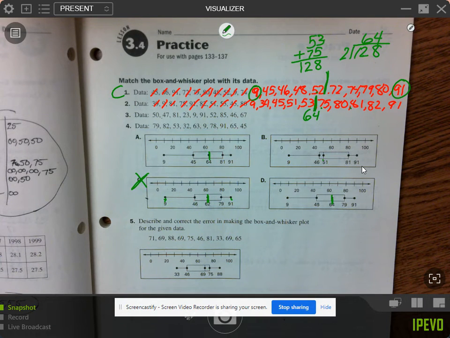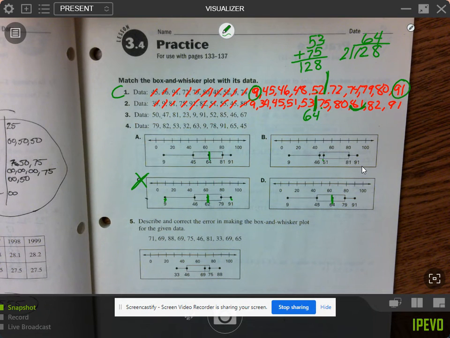So Nolan is right. 81 is that upper quartile. So our lower quartile is going to be 45. It's in the middle of the lower set. 81 is in the middle of the upper set. So now if we know where our box starts and stops, they both start at 45, but only one of them stops at 81.